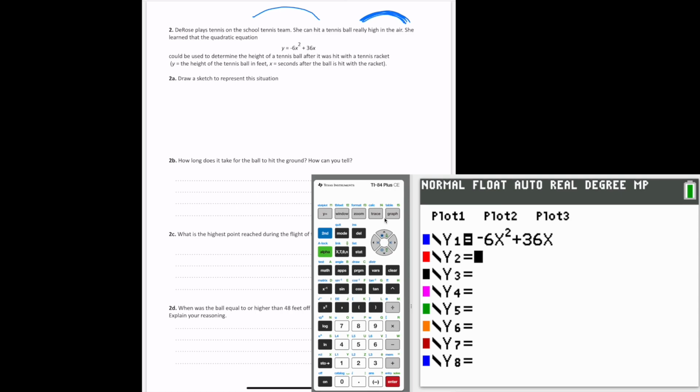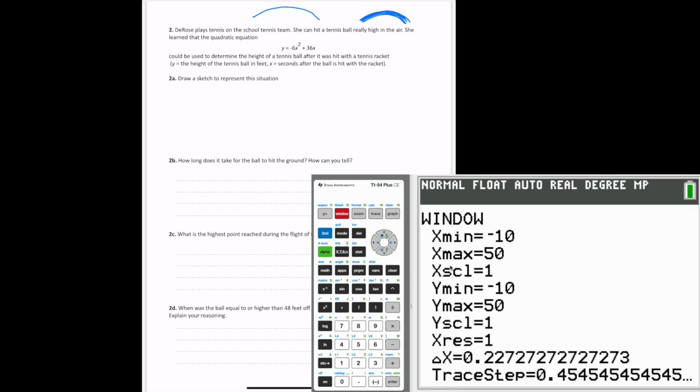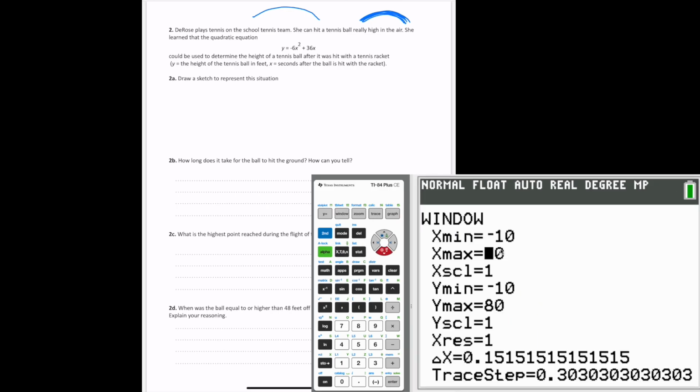If we go to the graph, we can see roughly what this looks like. It looks like we need to make the y-axis a bit taller and the x-axis a lot smaller. So I'm going to change this to 30, and let's make the y-axis a little bit taller there. Okay, perfect. We could change this again, let's maybe go to 15.